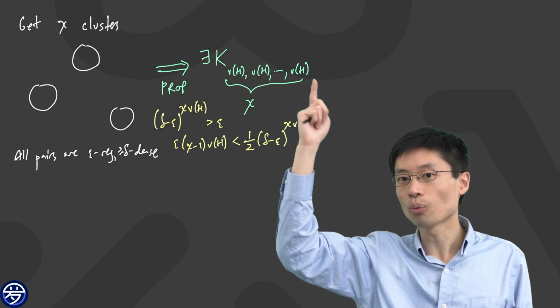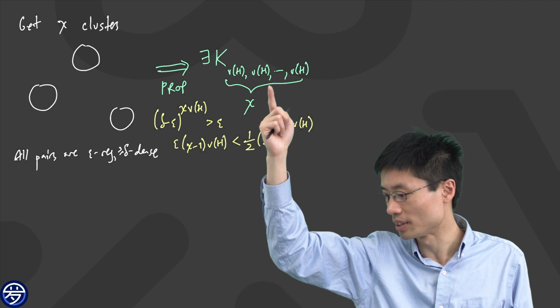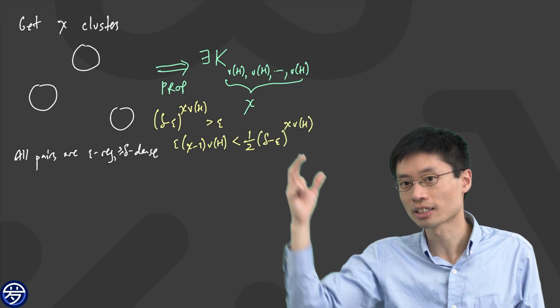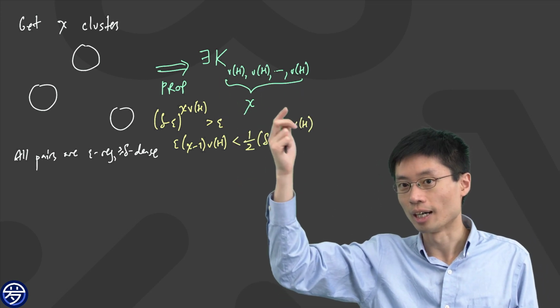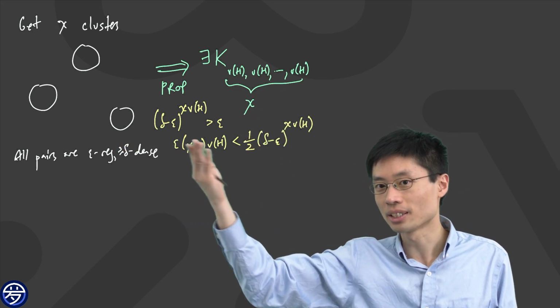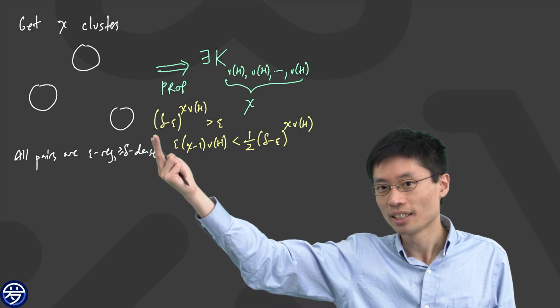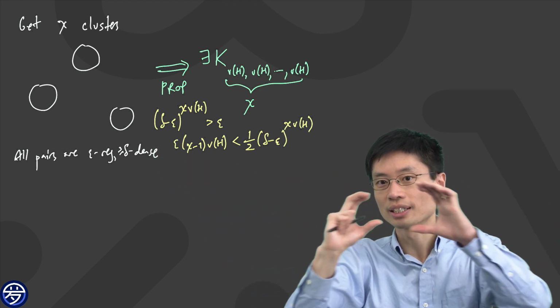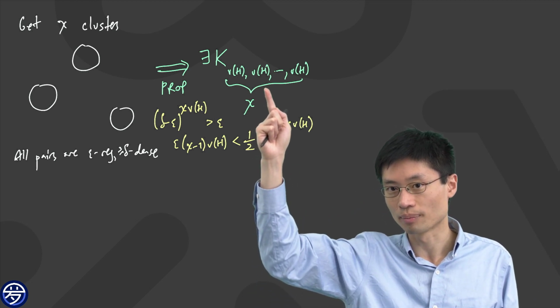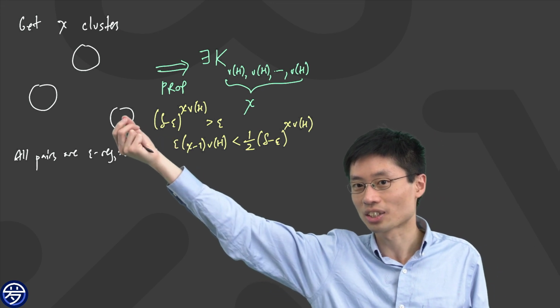Oh, you're asking how did we get the number of vertices of H? Are you asking how we were able to get this? How we were able to get this is by applying the proposition with the appropriate choice of delta and epsilon, so that even after I shrink all the way down, given that that's what I'm really trying to get, I will still have enough space left inside each cluster.